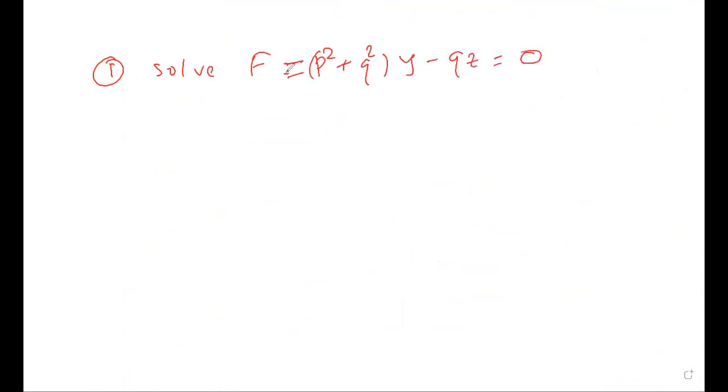In this, you don't need to do step 1, since it is already nicely written as F is equal to something. So you can start from step 2. Steps 2 to 6 we can do.